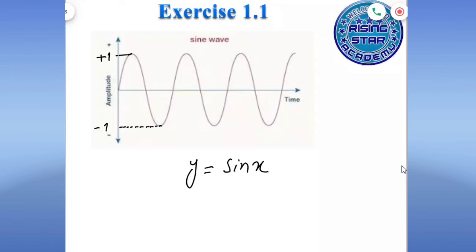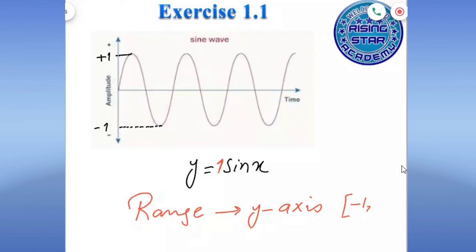Here is the amplitude, the amplitude is 1. The range always lies on the y-axis. So the minimum value is -1 for sine and the maximum value would be +1 for sine function. Okay, remember this thing.